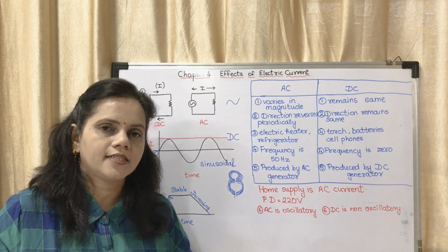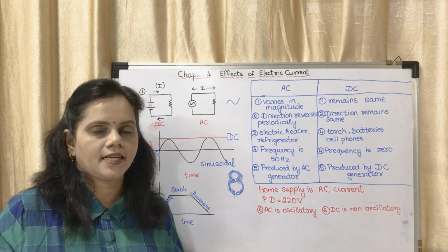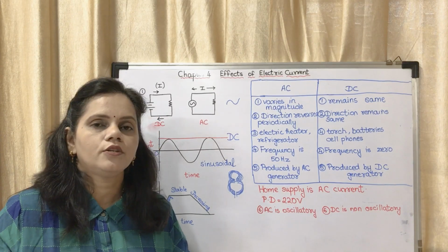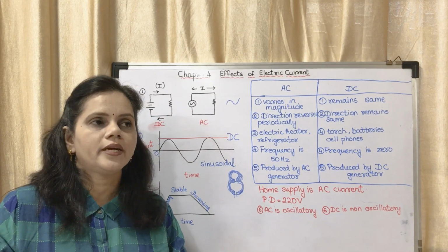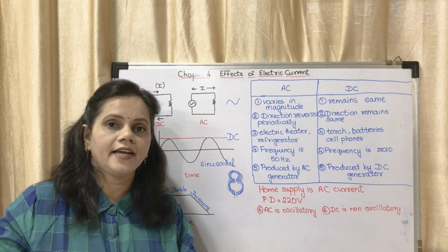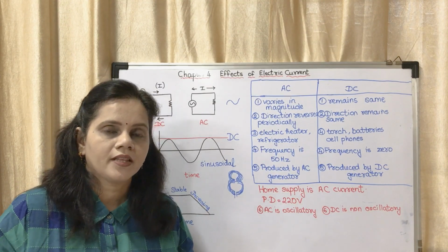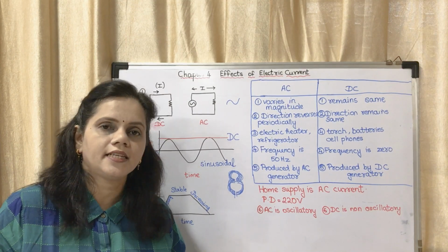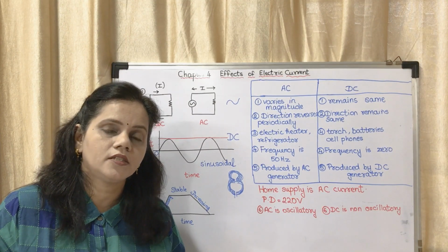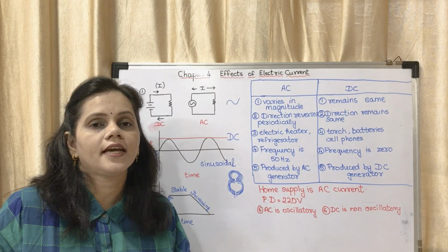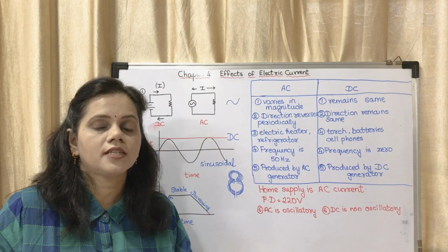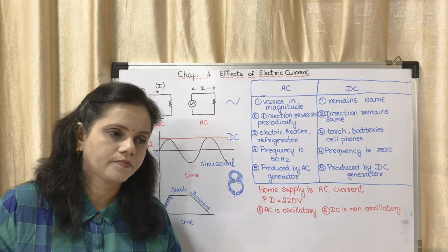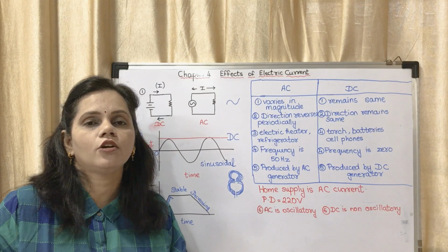What is the current which is coming to our homes? It is AC current. And what is its potential difference? Its potential difference is 220 volts. Now you might have seen the power lines, the high tension wires. Which current do they carry? They also carry AC current. What is the potential difference? It could be 11 kV, kilovolts, or 66 kilovolts. The maximum is about 800 kilovolts.